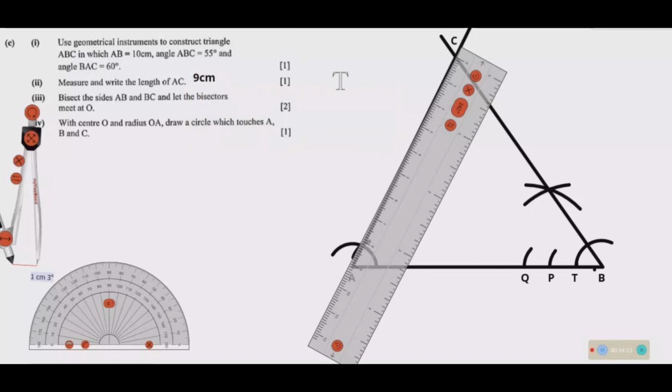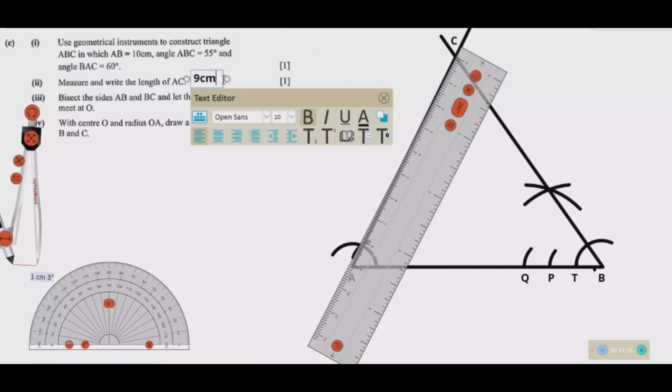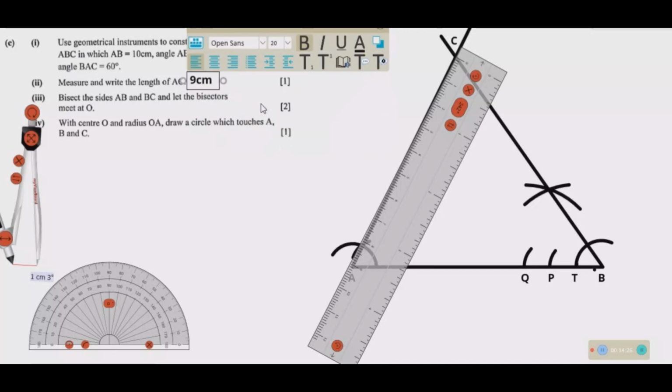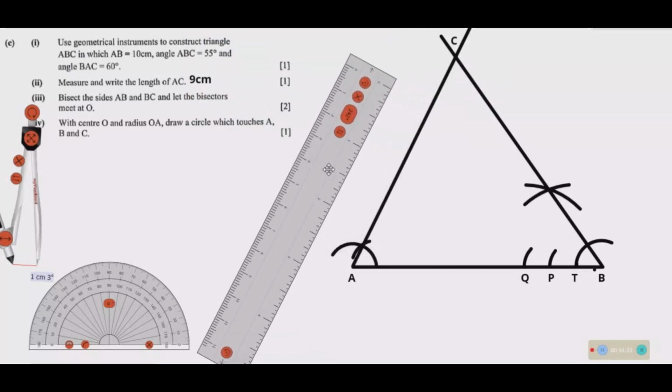That is the length of AC. As we measured already, this is 10 centimeter and this is also 10 centimeter, but this is 9 centimeter.